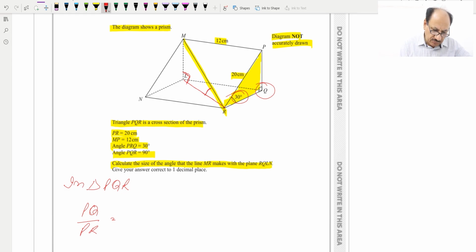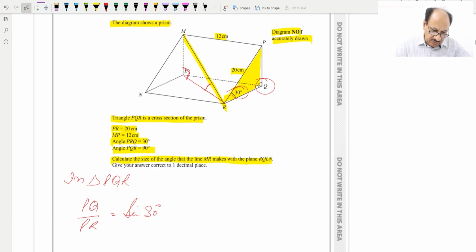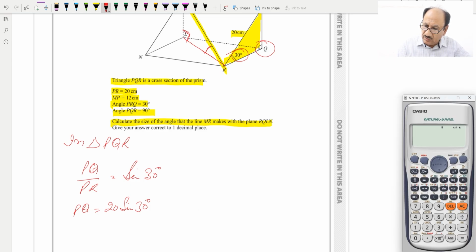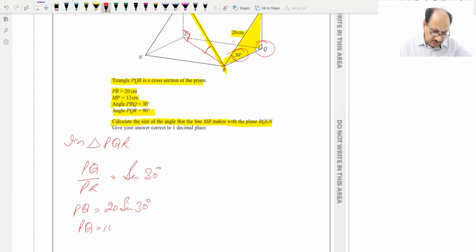Opposite over hypotenuse will be sine, so sine of 30 degrees. So PQ is equal to PR, which is 20, so 20 sine 30 degrees, and this will give us 10. So PQ is equal to 10. This is the 10 centimeters we calculated.